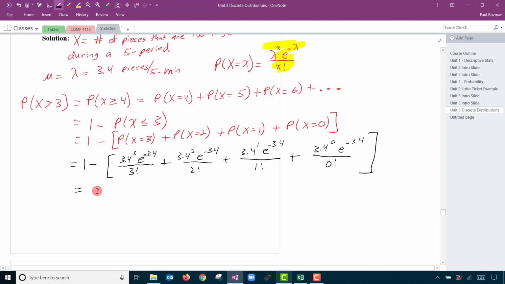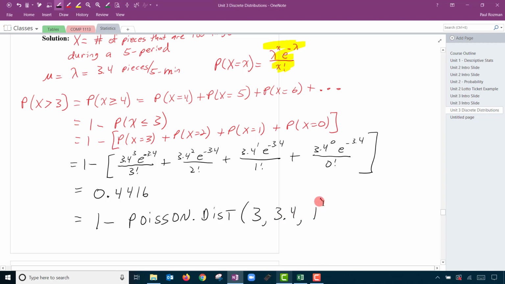It'll be quite a bit faster, I suppose, if you're using your calculator. I'm a little lazy. I probably just plugged this into Excel and got 0.4416. To do this in Excel, it's 1 minus Poisson.dist. We want 3 or less, where the mean is 3.4.